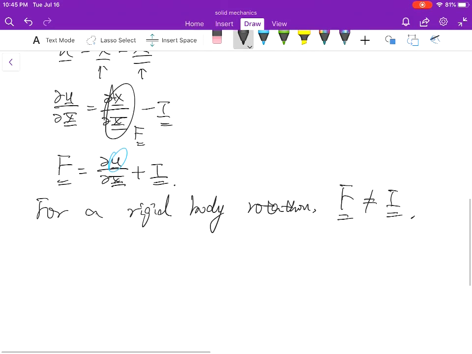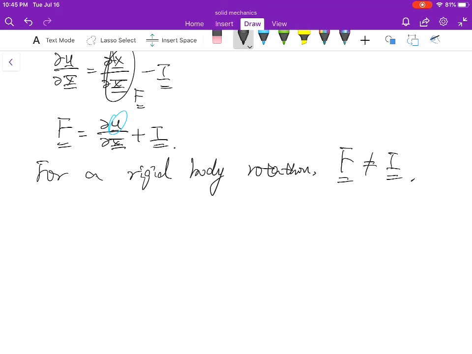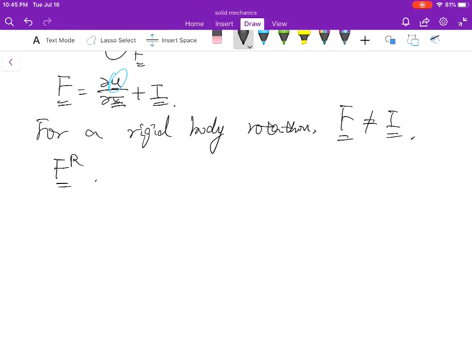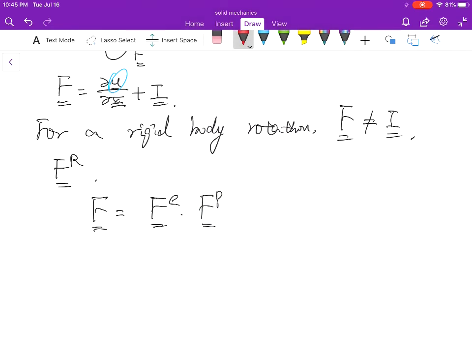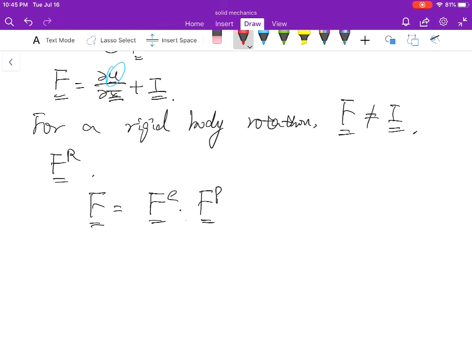Because of this, for rigid body rotation, we define FR, a rigid body rotation part of the deformation gradient tensor. That means for a general deformation process, F equals Fe times Fp. But a more general expression should be that we add FR here, or here, or even here.